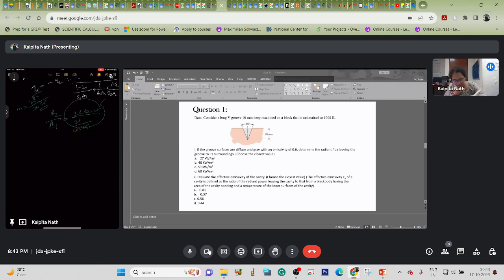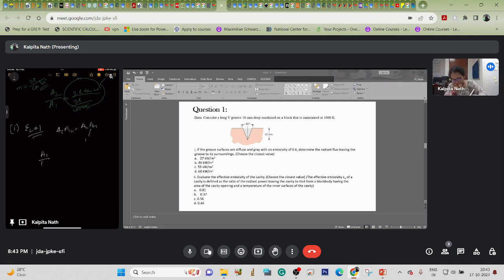Let us proceed with the first part now. As I've already said, this formula will be applying. Epsilon 2 is equal to 1 as we have already hypothesized. So from the reciprocity theorem, A1 F12 is equal to A2 F21, and F21 is equal to 1.